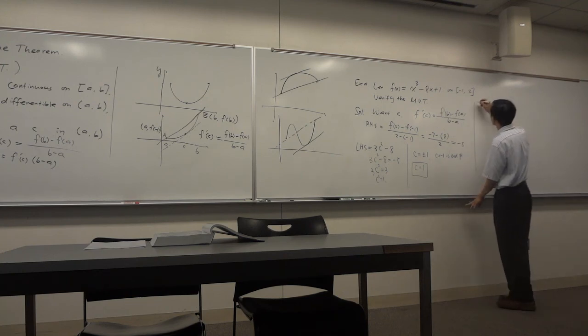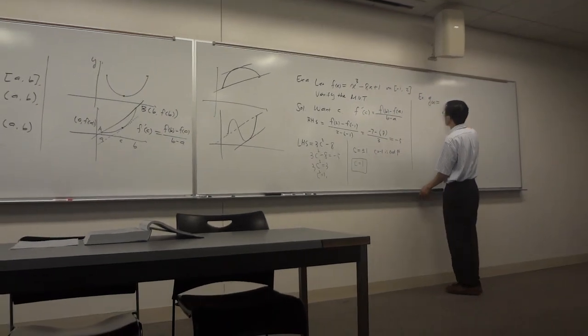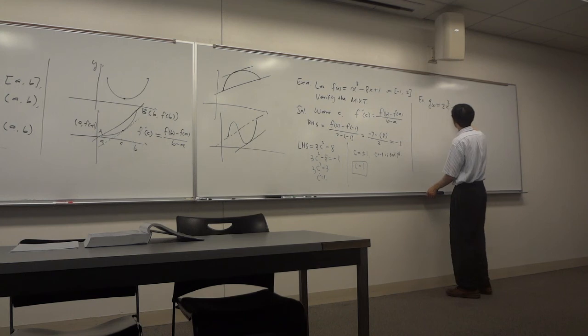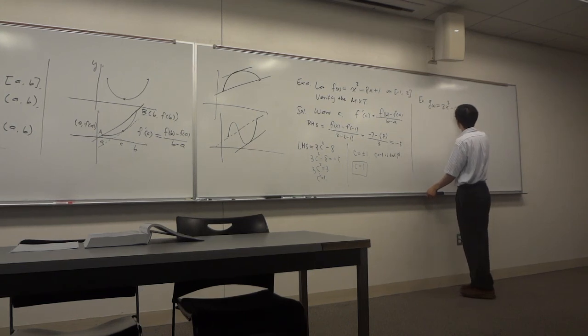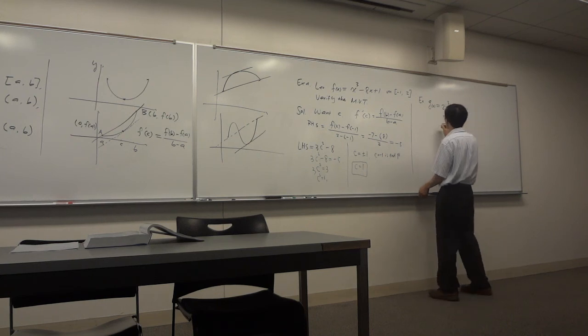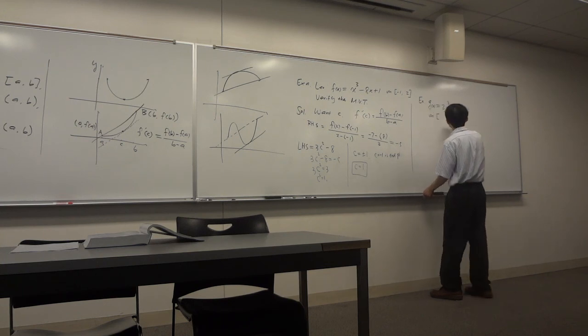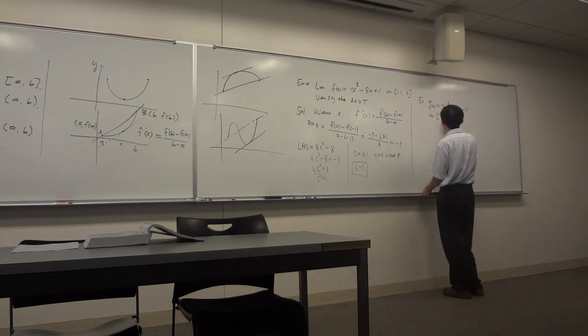You want to do an exercise here? Okay, let's do an exercise. f(x) is equal to 2x to the third minus 12x plus 2, defined on the interval to 4.